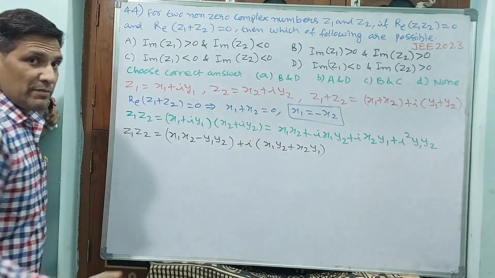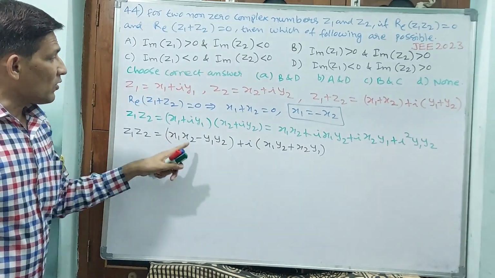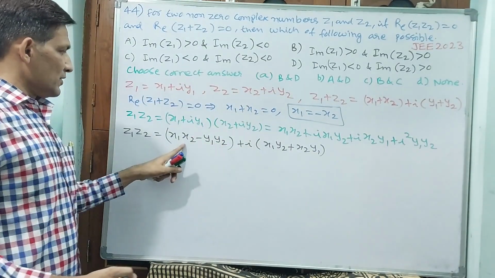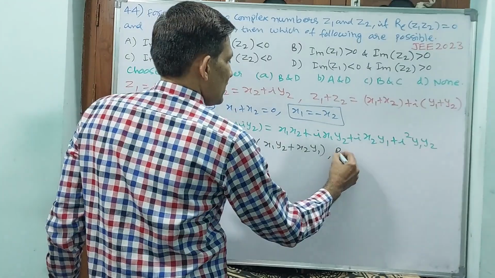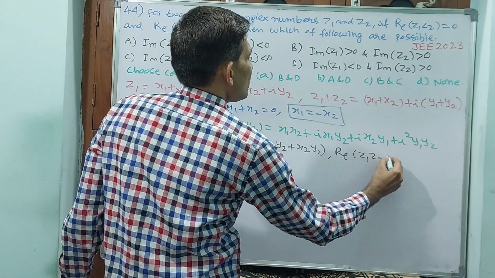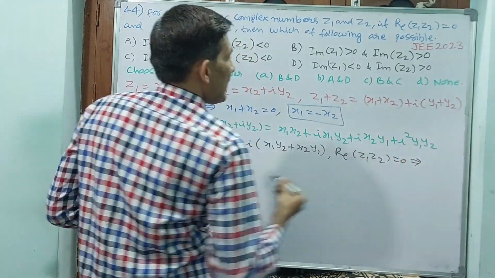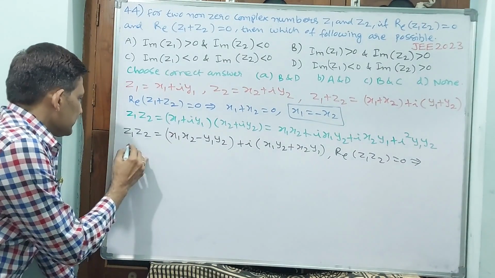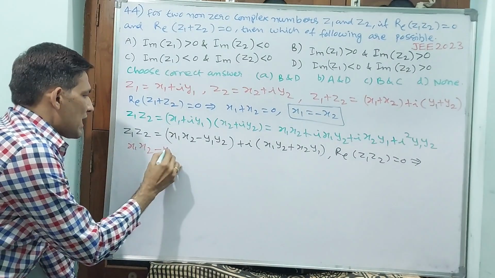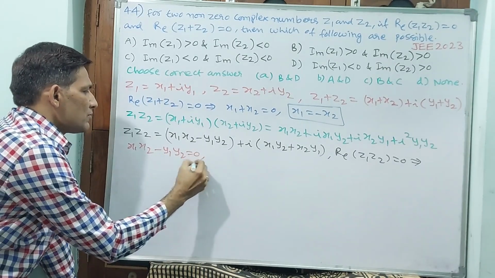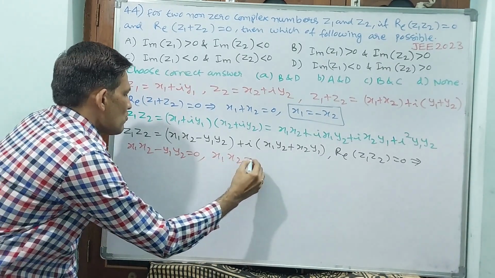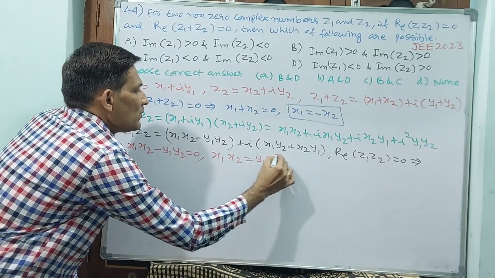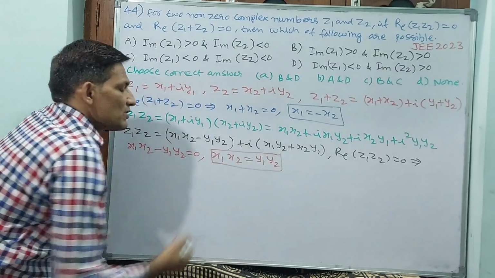This is a complex number, but here the real part of Z1 Z2 is this one. Real part of Z1 Z2 is equal to 0 implies X1 X2 minus Y1 Y2 is equal to 0, or else X1 X2 is equal to Y1 Y2. This is also one equation or concept.